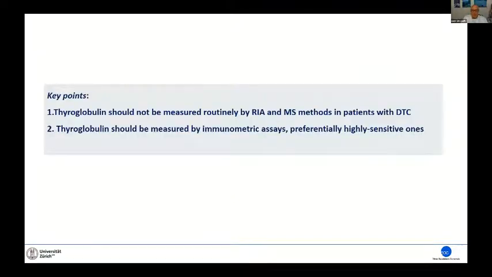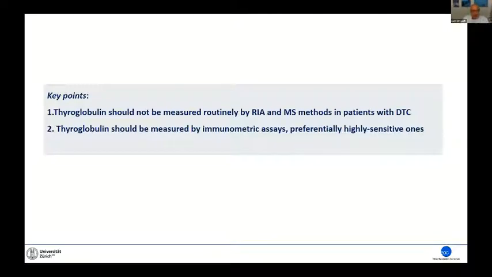So the key points concerning methods is that thyroglobulin should not be measured routinely by old RIA, radioimmunoassays, and also mass spectrometry methods in patients with DTC, as mass spectrometry methods cannot reach the high sensitivity allowed by modern immunometric assays.